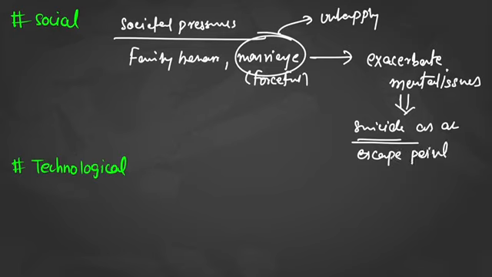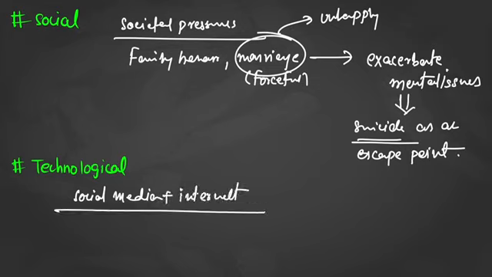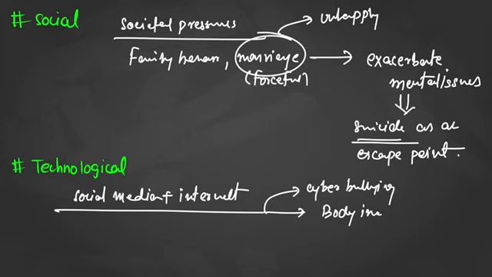Okay, in technological, what you can write, you can talk about increased access to social media plus the internet. Because of access to all these things, you will see a lot of cases related to cyberbullying. Then you can also talk about body image issues, which means focusing on physical attributes.